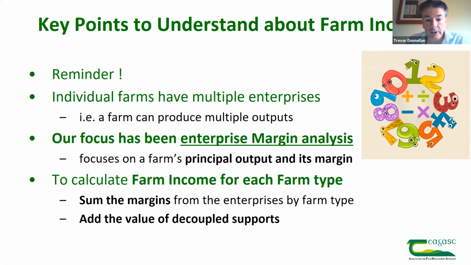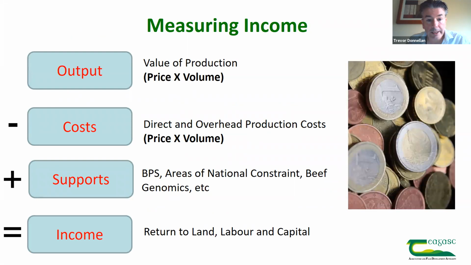And we weight together those farm income estimates for each of those systems. And in turn, then that gives us the average farm income. So that's how we do that exercise. So on the output side, we take the value of production, the price multiplied by the volume of production.